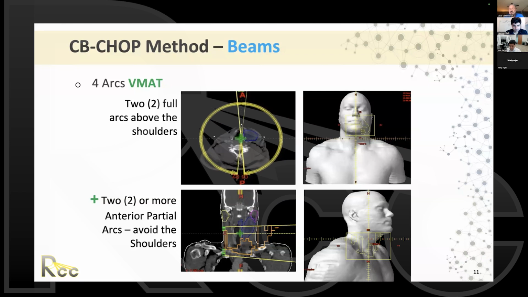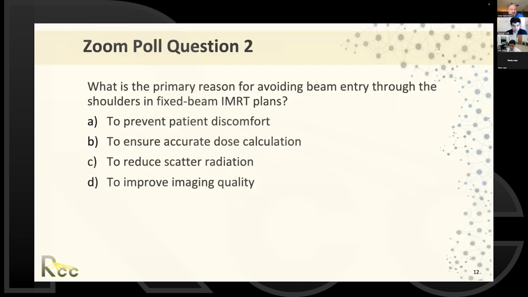Again, this is something that you will need to see how it works in your clinic, depending also on your immobilization device. If the shoulders are very well immobilized, you might clip them, but it's always a good idea to avoid them. So then we can move to the second poll question.